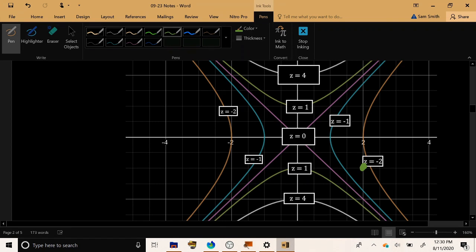Now, look at the position of this point. It is nestled between the level curve corresponding to z equals negative 2, and that curve and the curve corresponding to z equals negative 1. What that means is the elevation of this point, the output of this point, is going to be between z equals negative 2, the level curve over here on the right, and z equals negative 1.